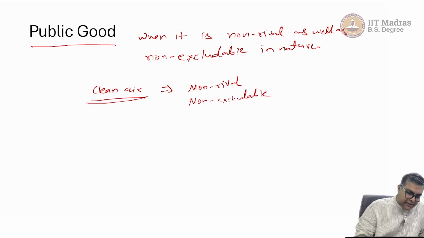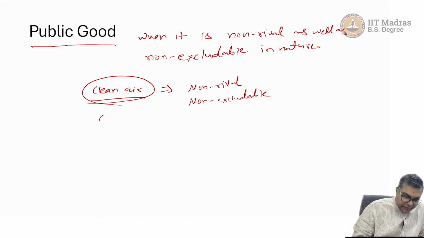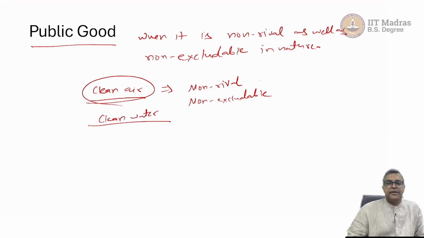But it's not always non-rival and non-excludable. Think about a similar example of clean water. I used to travel 20-30 years back. I would come out of the train on the platform, take water from the tap and drink it. Everyone used to do the same thing, because the water that was available on the platform was considered clean.